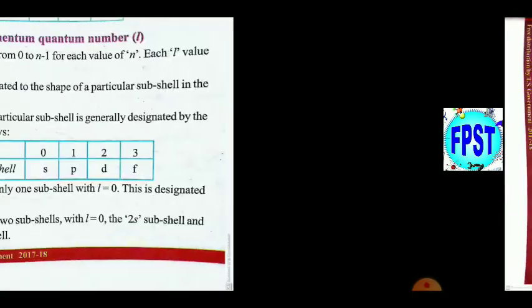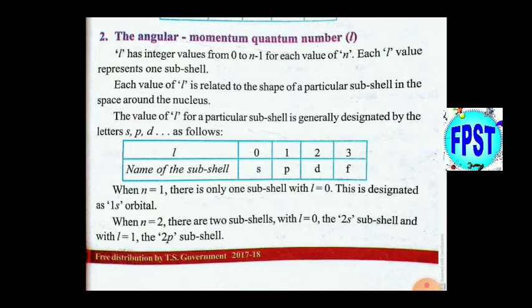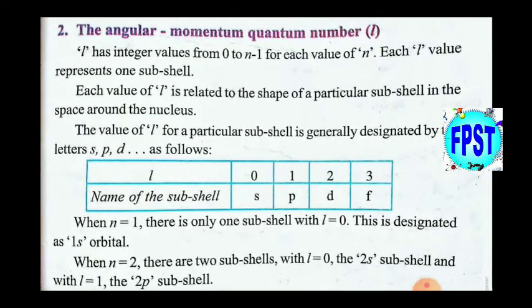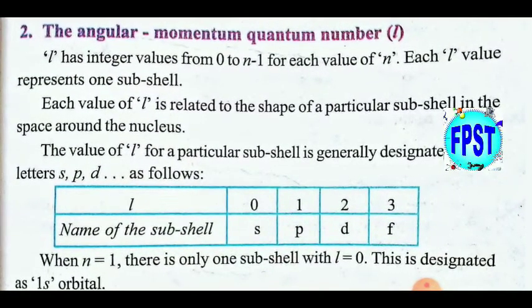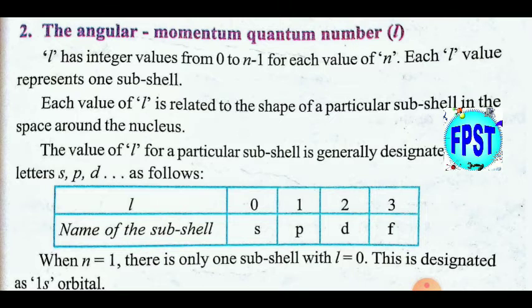And the second quantum number, that is the angular momentum quantum number, which is introduced by Sommerfeld to explain about the elliptical orbits, means elliptical paths.